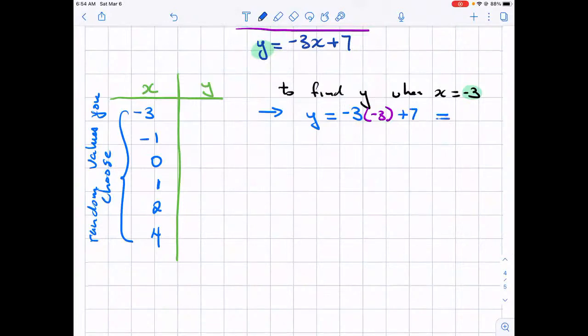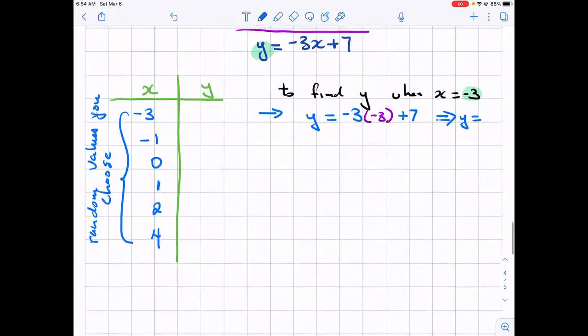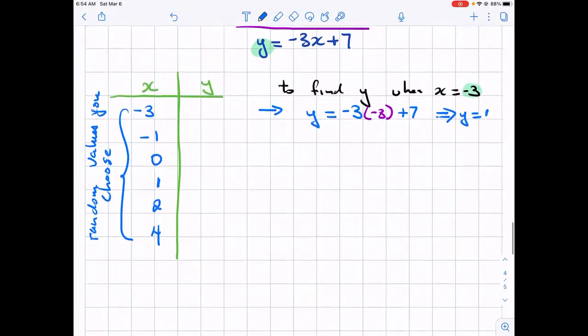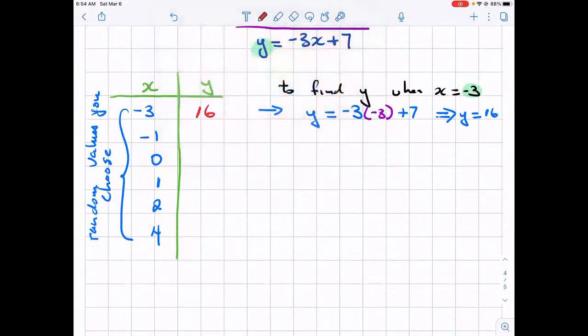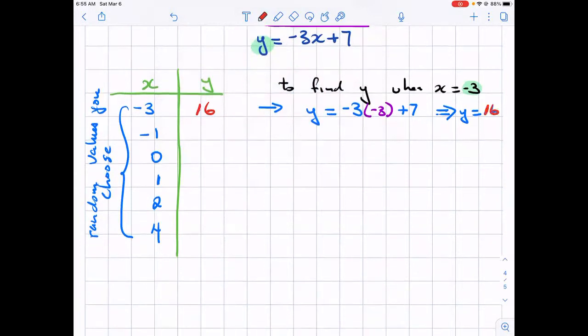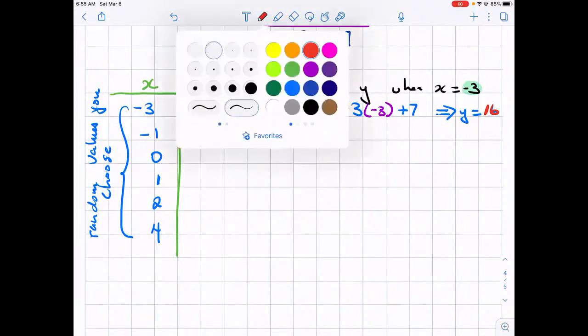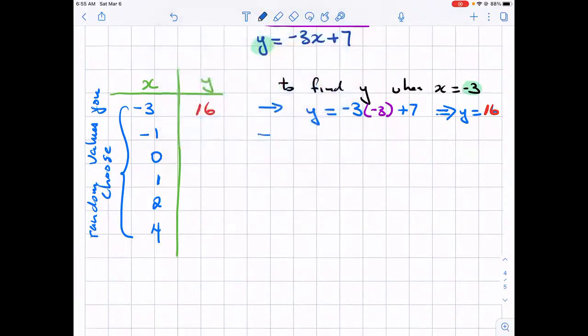If we do this, minus 3 times minus 3 is positive 9. So this becomes 9 plus 7, which is 16. So here, the value you found is 16. Let's put this in red also. And we can continue doing this for all of these numbers.